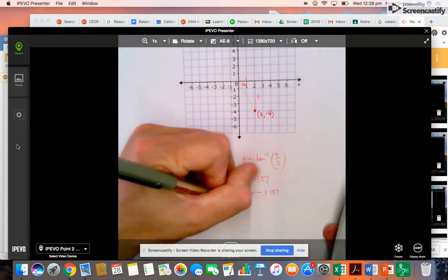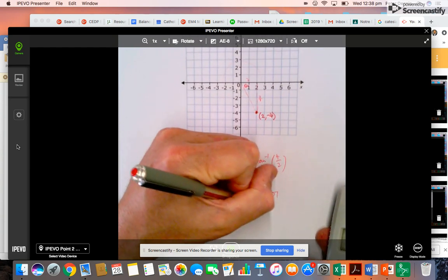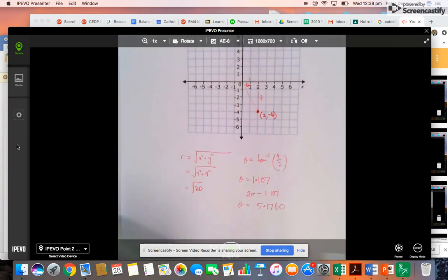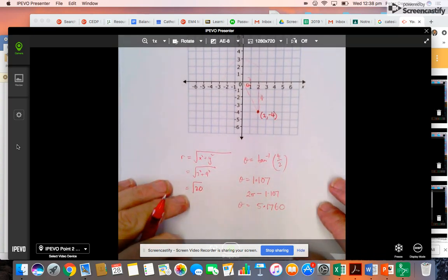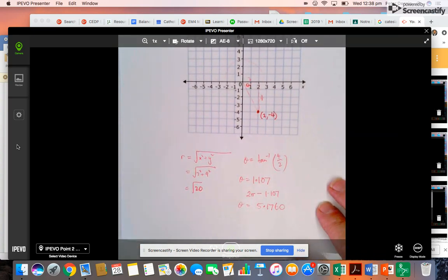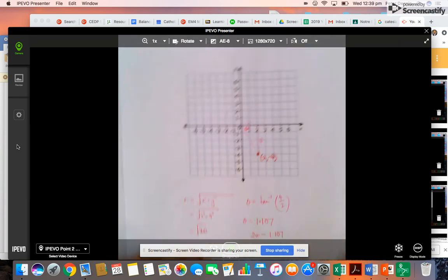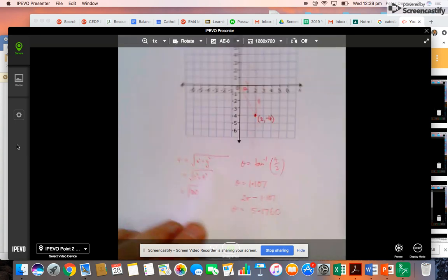And that is theta equals 5.1760. Okay, so that's how we go from Cartesian coordinates to radians and degrees.